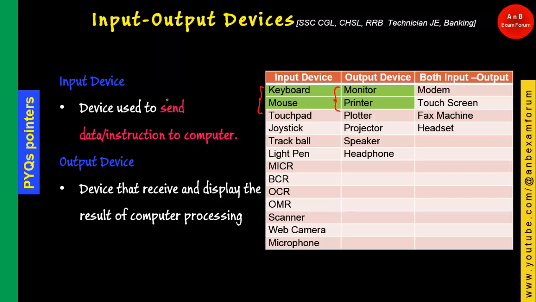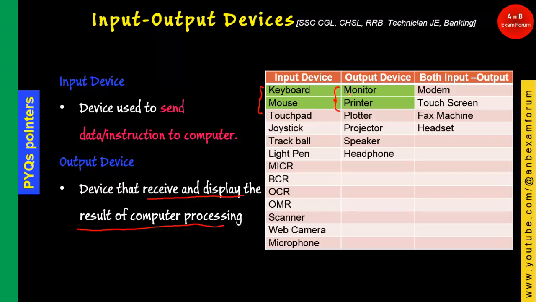Input devices are used to send data or instruction to the computer, whereas output devices are used to receive and display the result of computer processing. These are examples of output devices. If you take a monitor, whatever screen you are watching on your mobile or television, that is an output device.